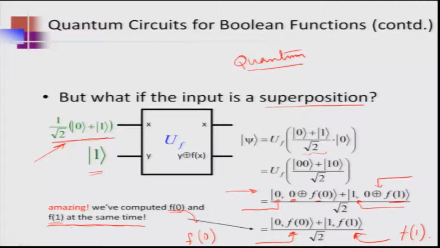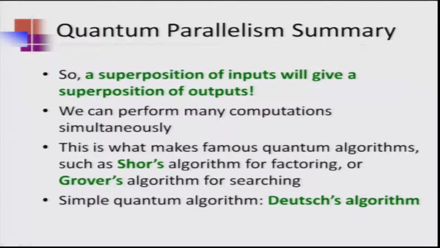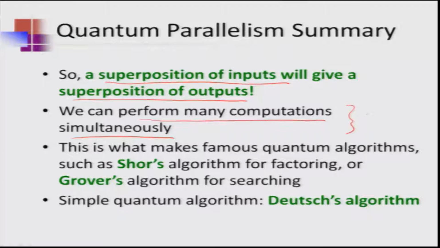So, that is the principle of producing quantum parallelism, which is being used here to show that it works. In summary, a superposition of inputs will give a superposition of outputs. We can perform many computations simultaneously. That is one of the most important things.